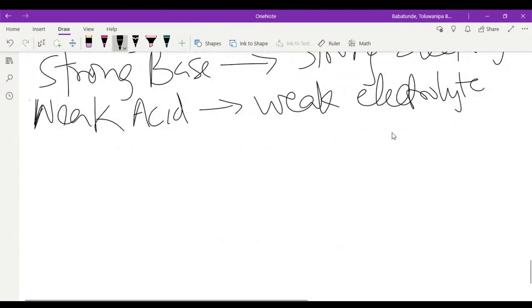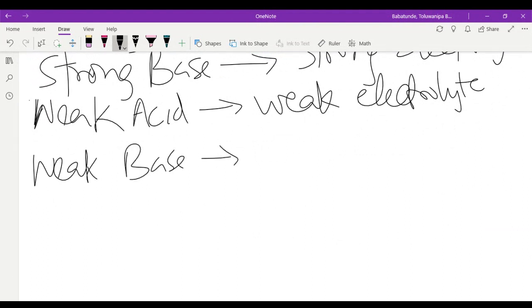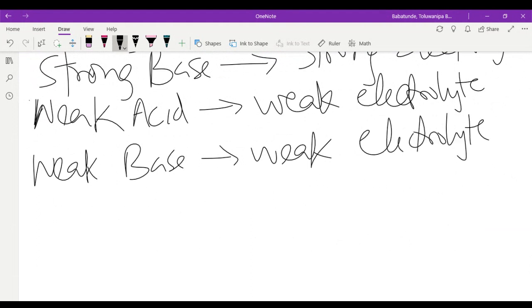So of course, a weak base will also be a weak electrolyte, because they're going to partially ionize. All right, so we have so many examples of weak acids and weak bases.